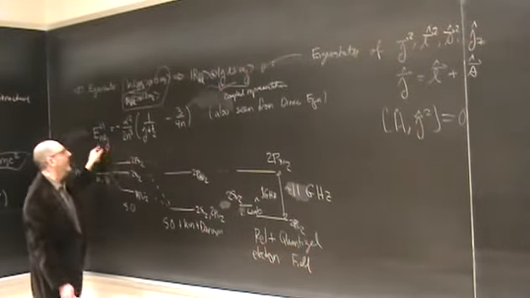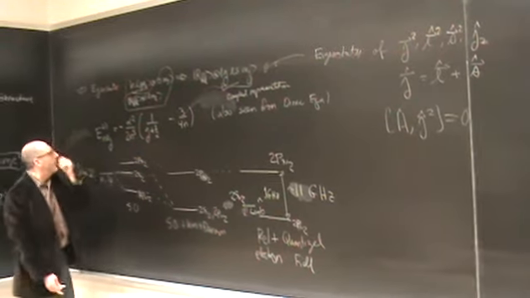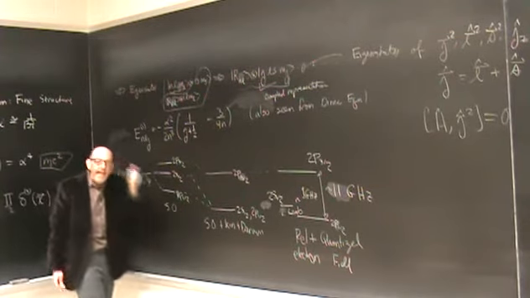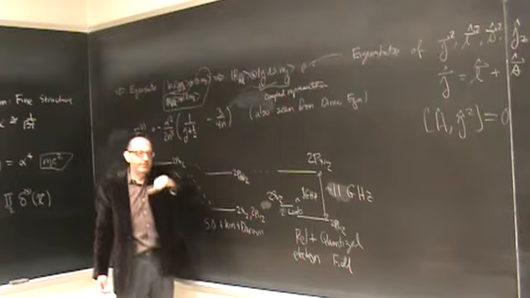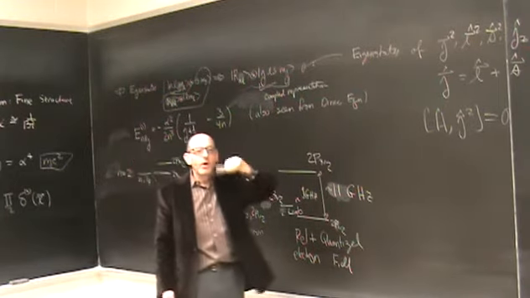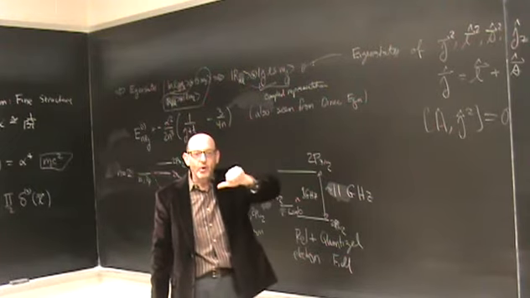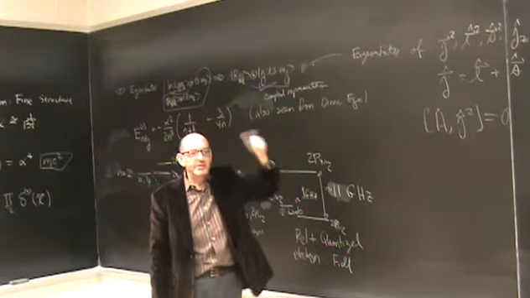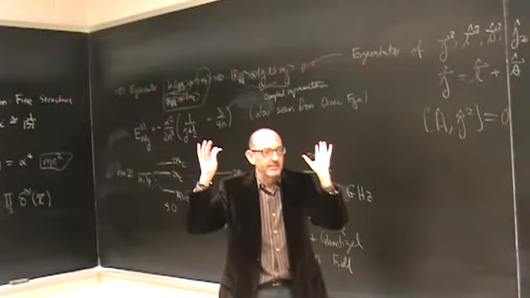And those corrections look like this. And what we see is that, of course, they can't depend on MJ because there is no special direction in this case. MJ is the projection of the total angular momentum along some axis. And there's no difference between any direction. It's spherically symmetric in that sense.